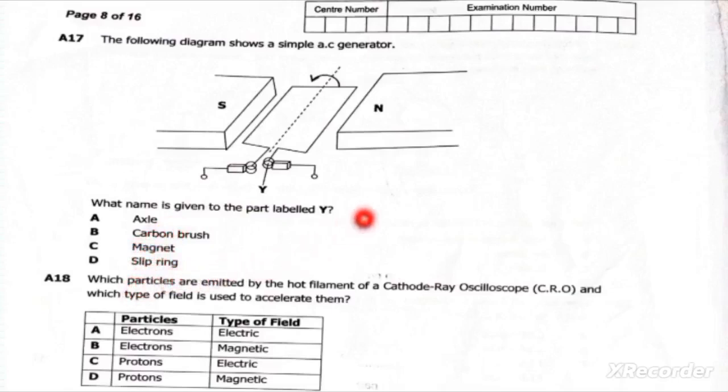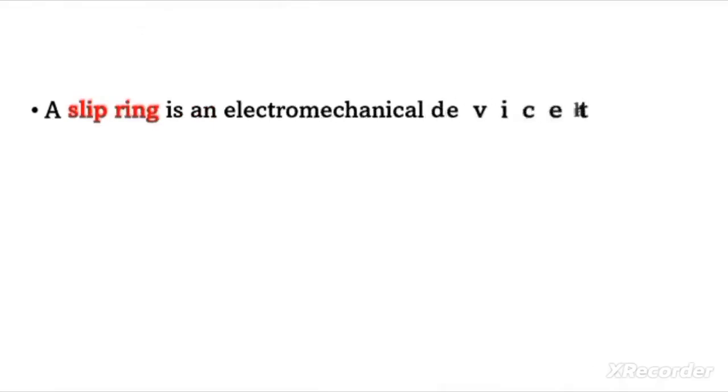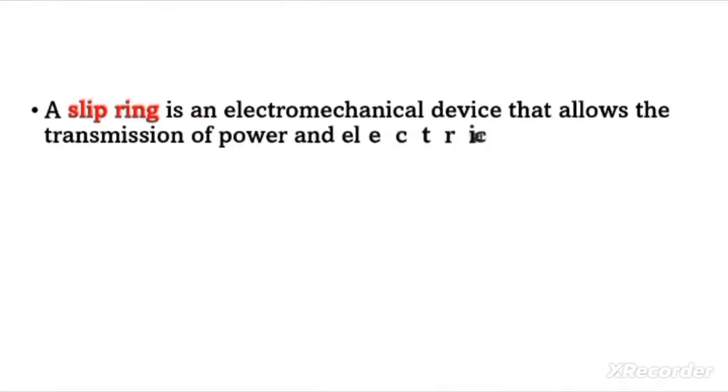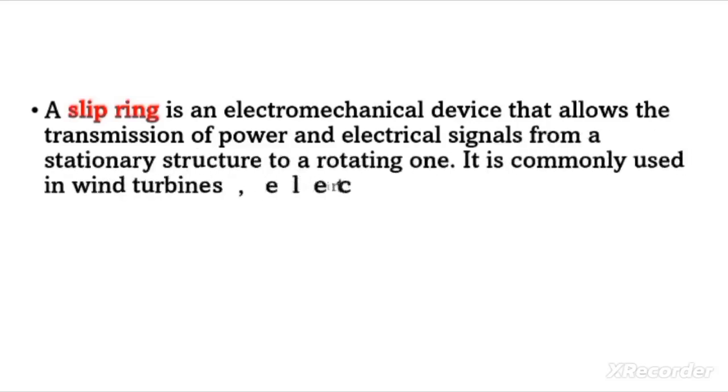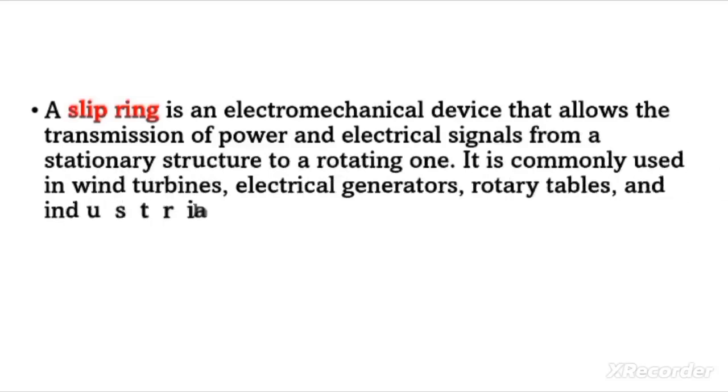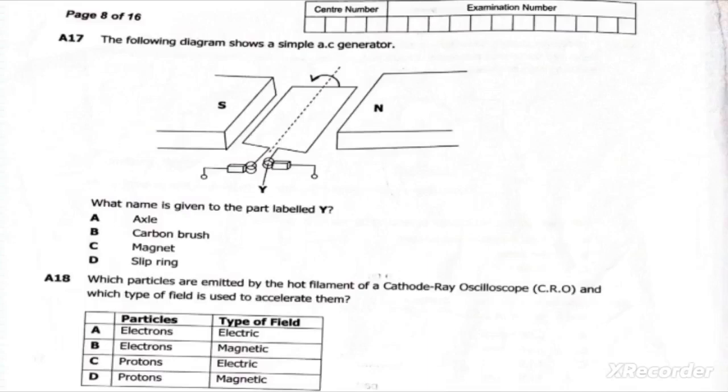Okay, so we need to bear in mind that the slip ring is an electromechanical device that allows transmission of power and electrical signals from stationary structures to rotating ones. So therefore, the name given to the part labeled Y is called slip ring. Our correct answer is D.